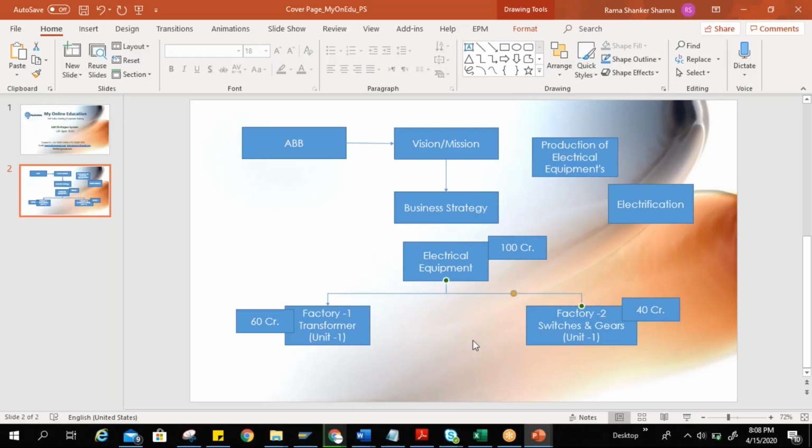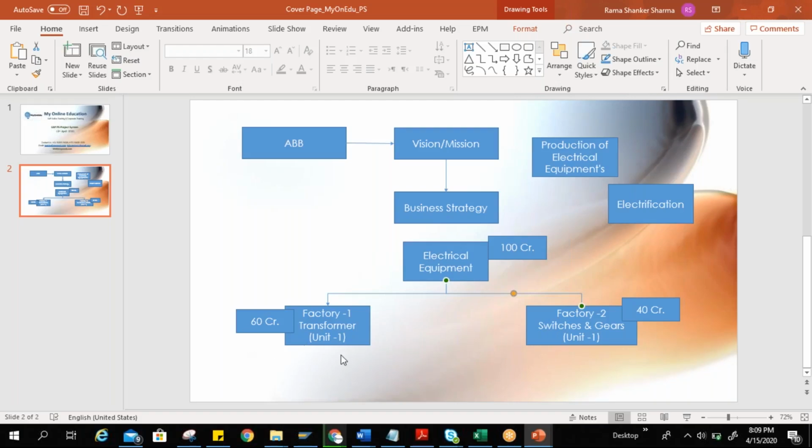Second approach: this is my electrical equipment business process, and within that I have two different units, factory 1 for transformers and factory 2 for switches and gears.